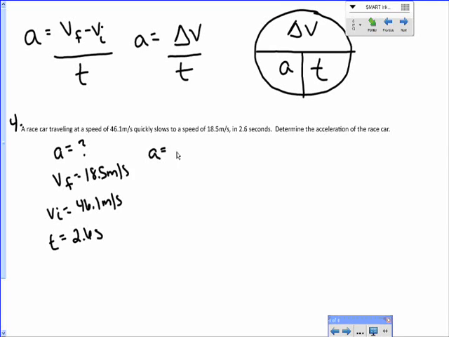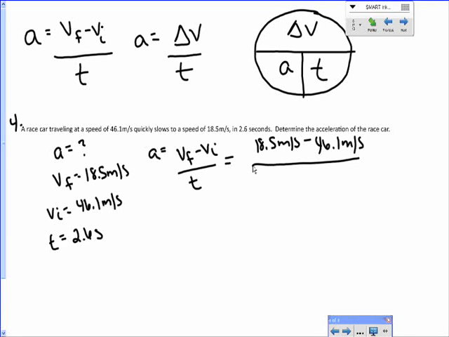So now let's see, A equals VF minus VI over T. So let's fill in with numbers. Final is 18.5 meters per second minus initial 46.1 meters per second divided by the time of 2.6 seconds. Now the very first thing we have to do is subtract.